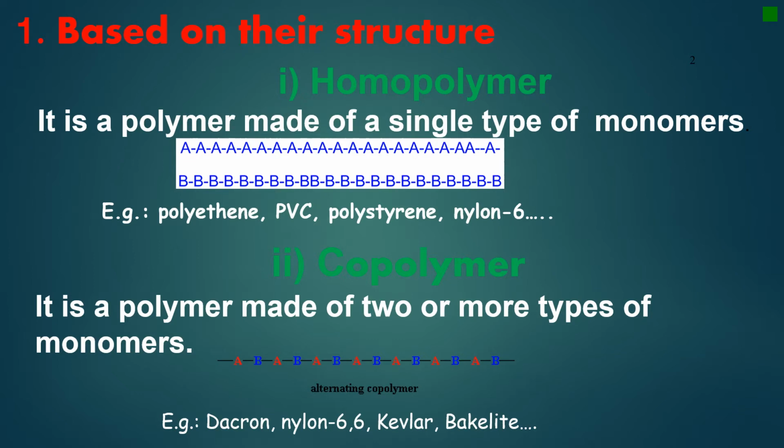As you can see throughout the structure, we have one type of monomer molecule, that is A. Another example is a polymer made of B monomer molecules. Throughout the structure, we have only B molecules.